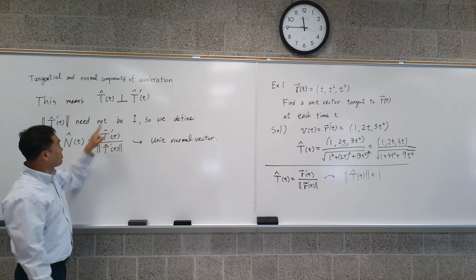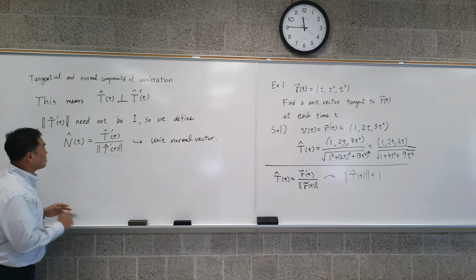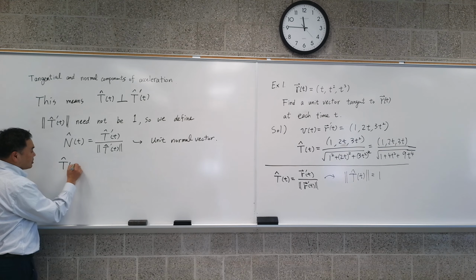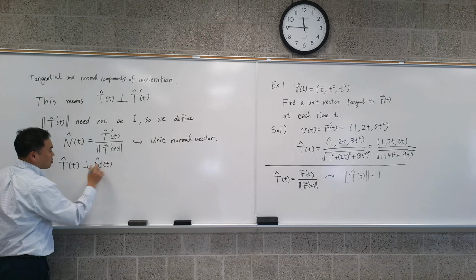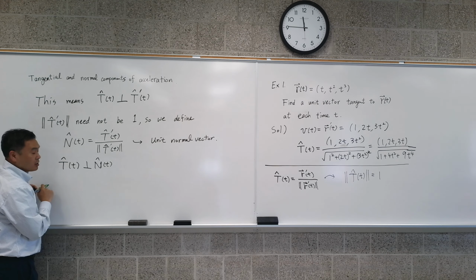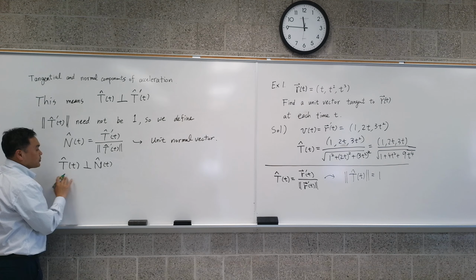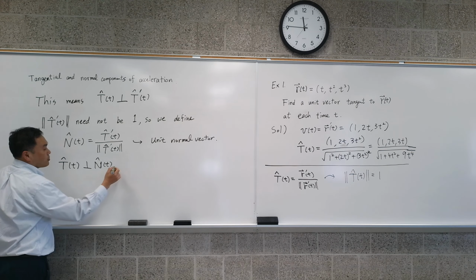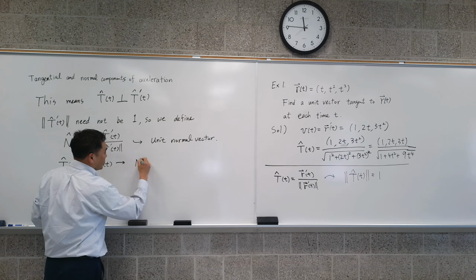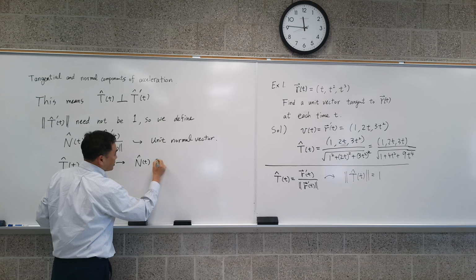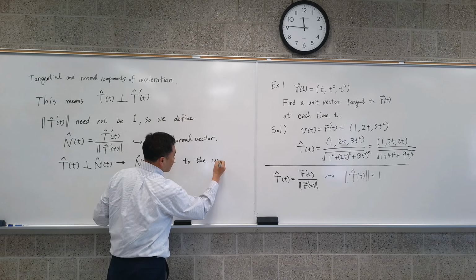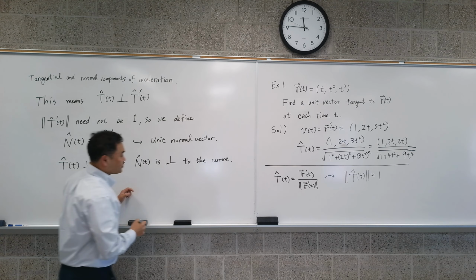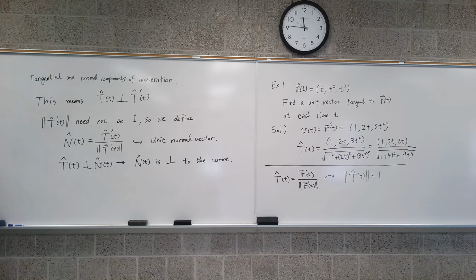This one and this one have the same direction, so we know that T hat of t and N hat of t are going to be perpendicular to each other, and therefore N hat of t is perpendicular to the curve. Okay.